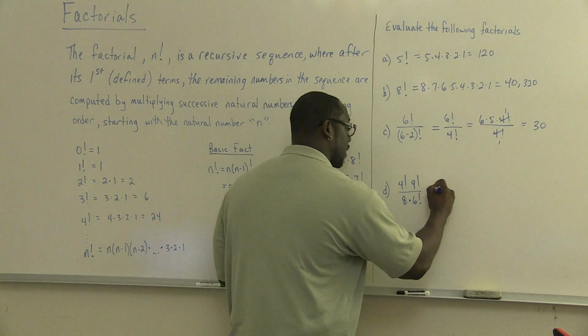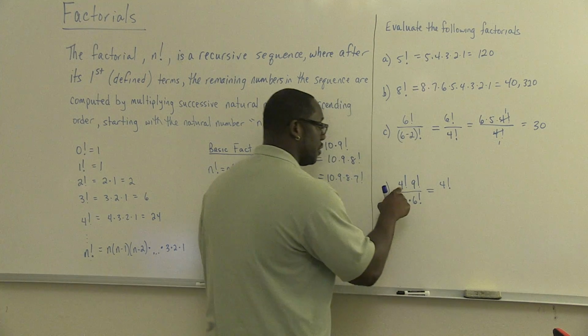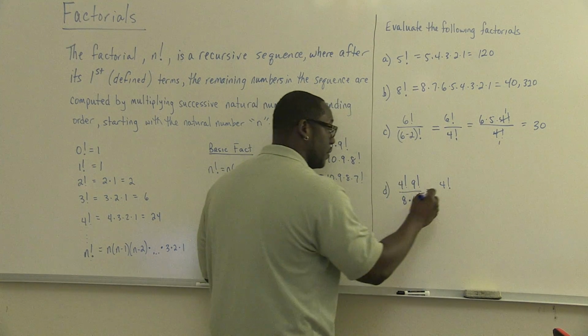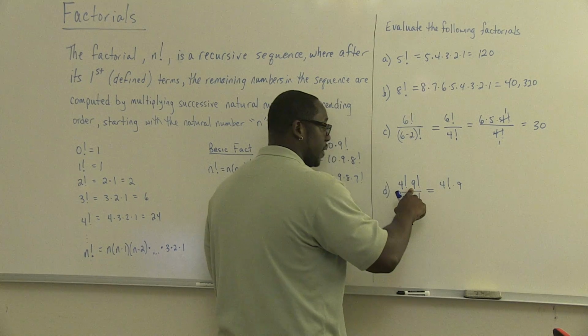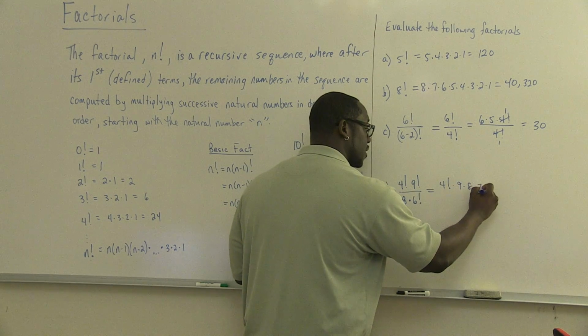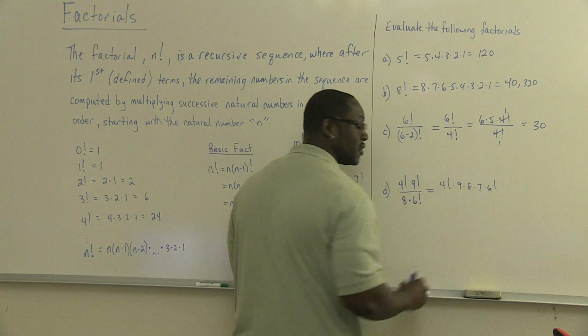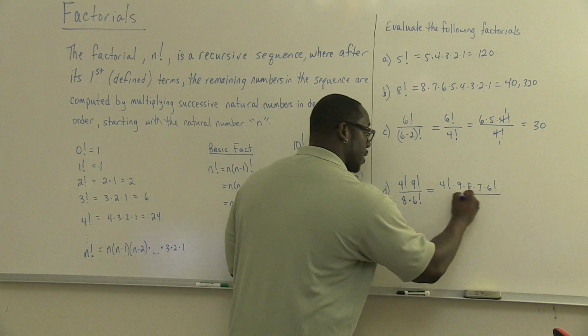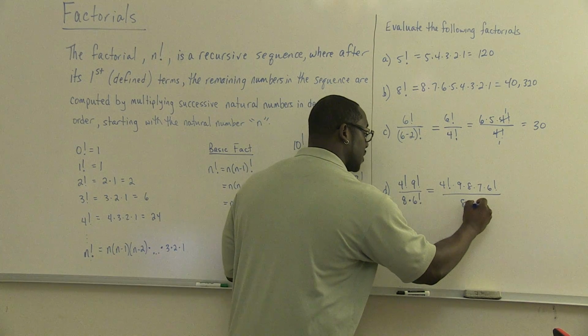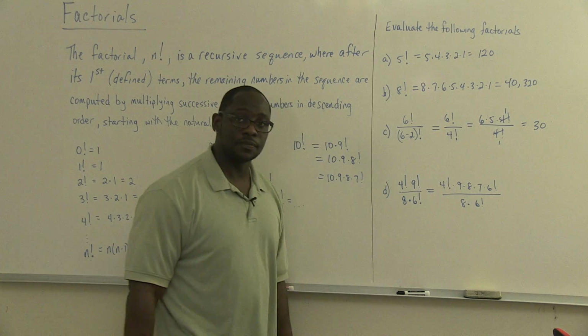So in doing that, we'll keep our 4 factorial the same for now, and then we'll multiply that times 9 times 8 times 7 times 6 factorial. And then of course that's divided by 8 times 6 factorial.